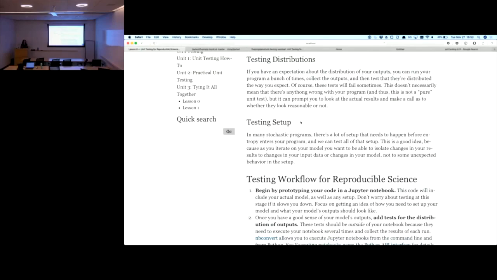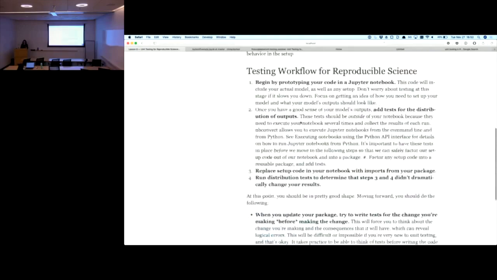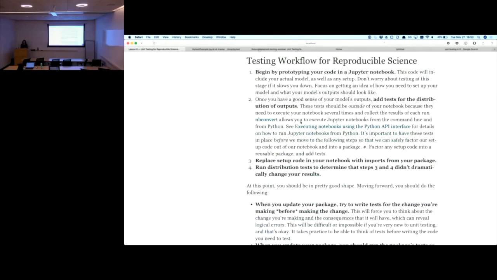So let's say we have a stochastic program with a lot of deterministic setup code. What might it look like to incorporate unit testing into a Jupyter Notebook first workflow? I would start by prototyping my code in a Jupyter Notebook.